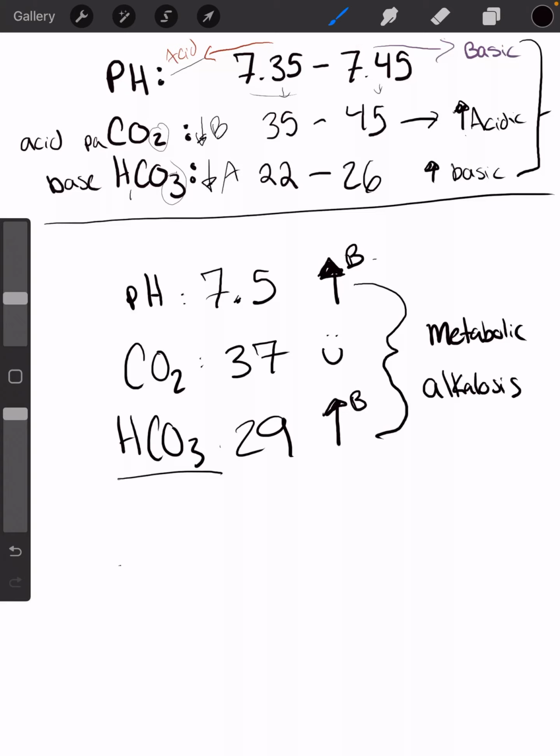Getting rid of too much acid. So something like vomiting. Vomiting out that stomach acid can result in some metabolic alkalosis. And NG suctioning too. Anything that gets rid of the acid can result in an environment that's too basic.